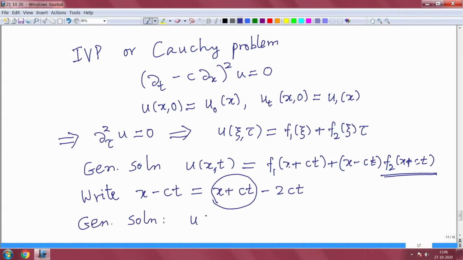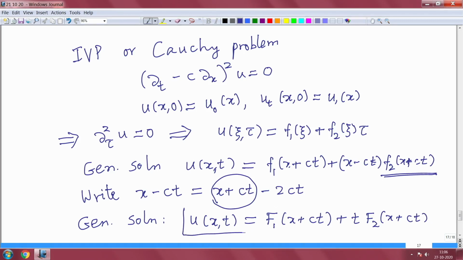So the general solution is u(x,t) equal to f1(x plus ct) plus t f2(x plus ct). You can easily verify that this expression for u satisfies the given equation.